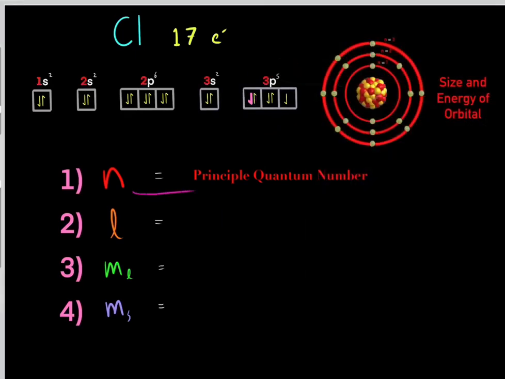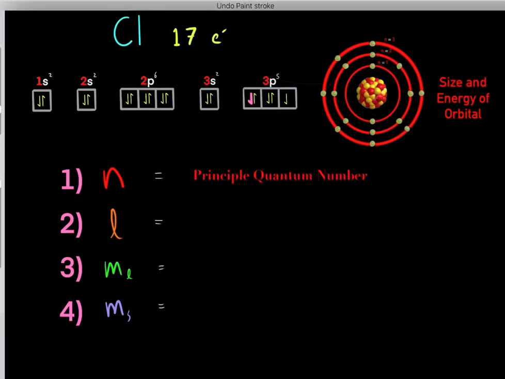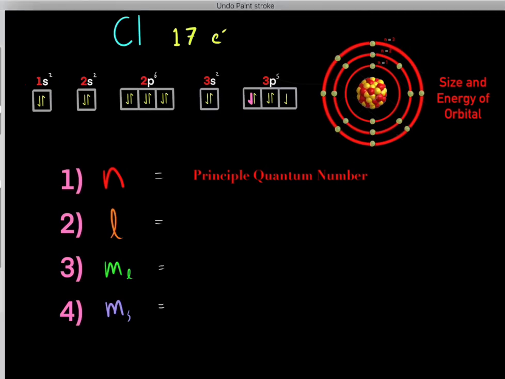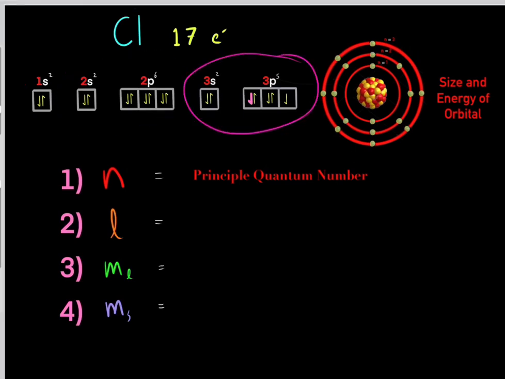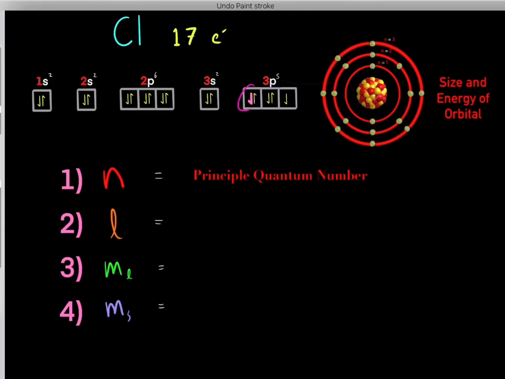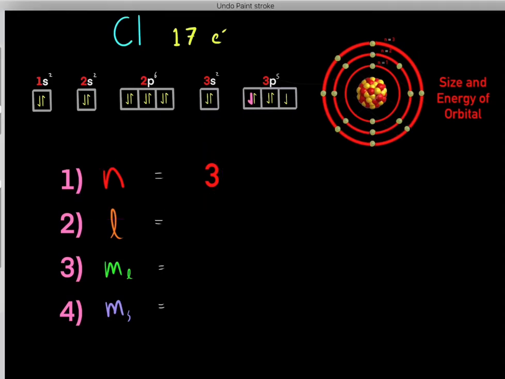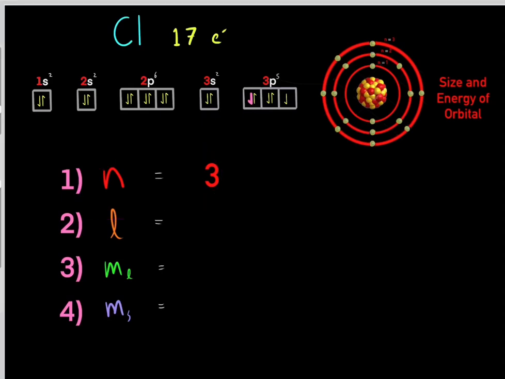So to determine the principal quantum number, we just need to know the number of the orbital. For example, we have 1 orbitals, we have 2 orbitals, and we have 3 orbitals. So we see this particular electron is in the 3p orbital, so therefore the principal quantum number of this particular electron is 3. And what's important to realize, this principal quantum number tells us the size and the energy of that particular orbital.